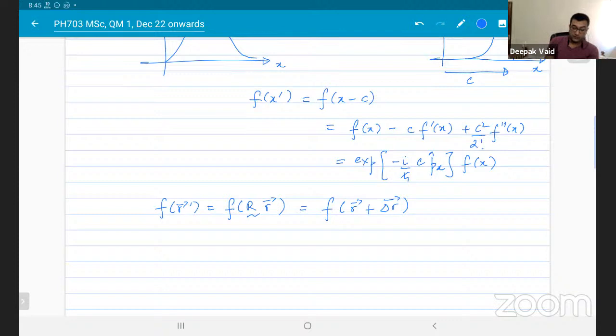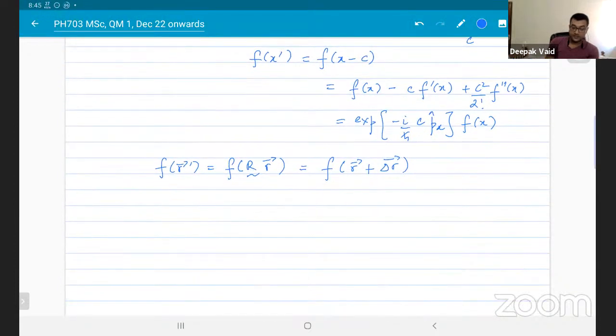So what should be the form of this delta r? Okay. Now let's see this. Let's say that R be Rz d theta.